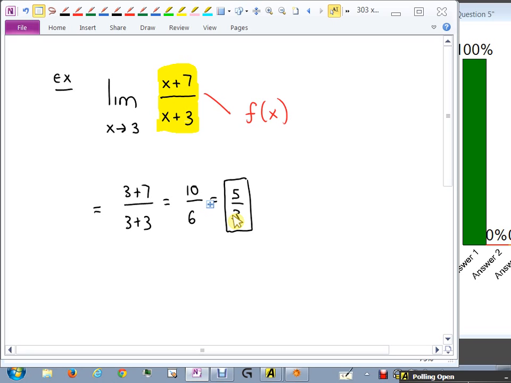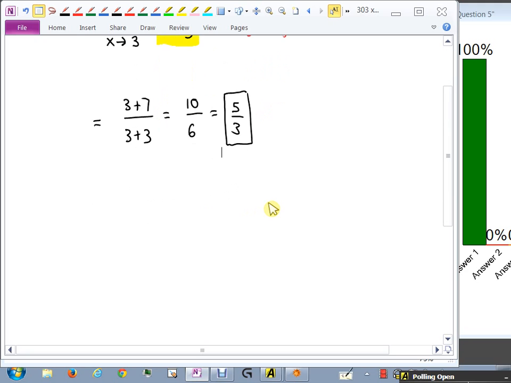What we just got is a number divided by a number, the simplest case possible. In fact, so simple it probably will never appear on a test. But we need to keep in mind that that's always the first thing you want to do: try to plug the number in and see if you get a number over a number.